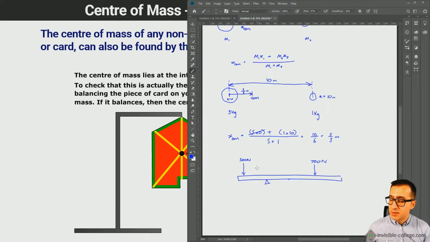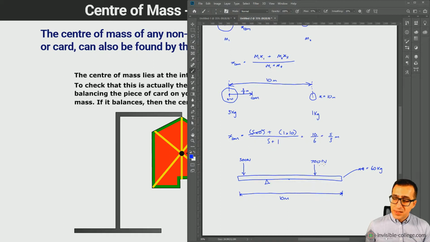And let's just say that we have an object which is made of a material such that the mass of this whole seesaw, the plank of the seesaw, is, let's say, 60 kilograms. And let's say that the length of the seesaw is, let's just say it's 10 meters.